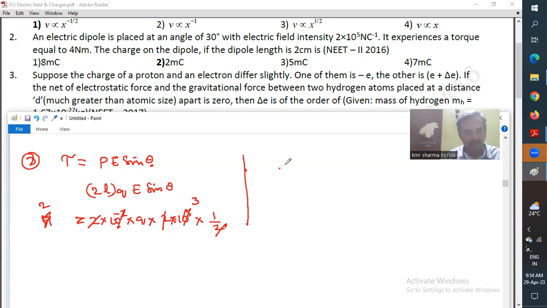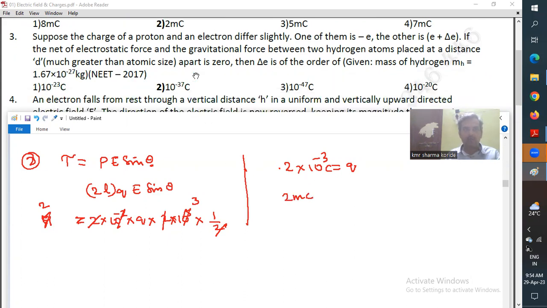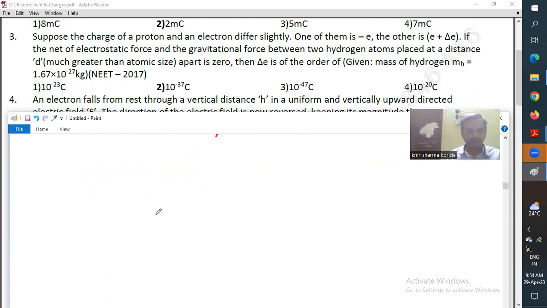So you are left with 2 into 10 to the power of -3 is equal to Q. Taking this 3 down, it will be 10 to the power of minus 3 coulomb, otherwise 2 millicoulomb. 1 milli is 10 to the power of minus 3. So the second option is correct. Moving to question number 3.